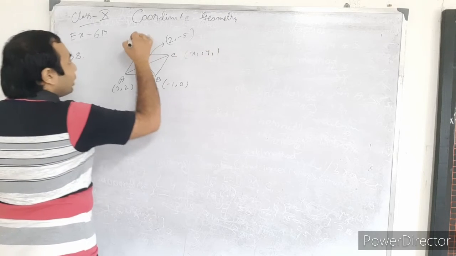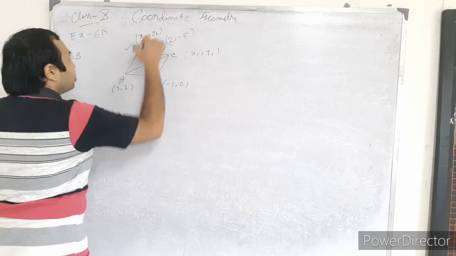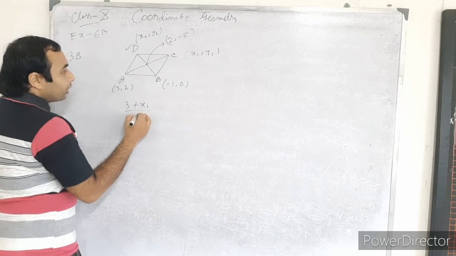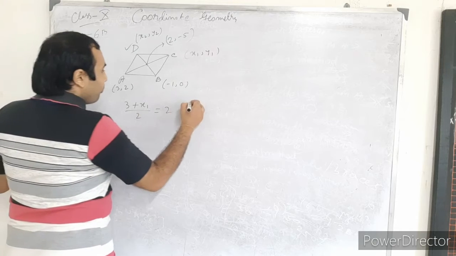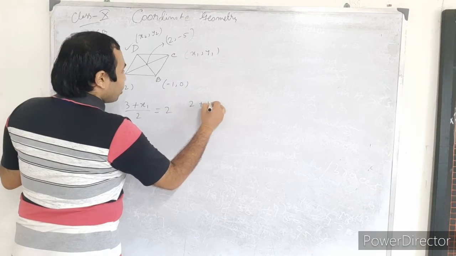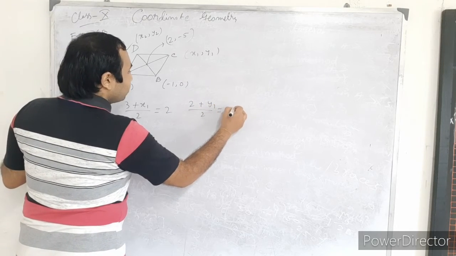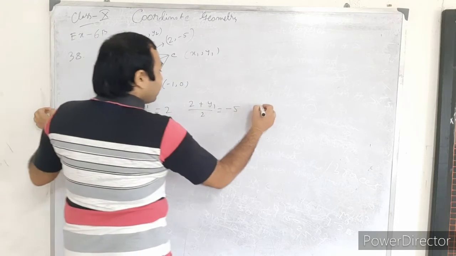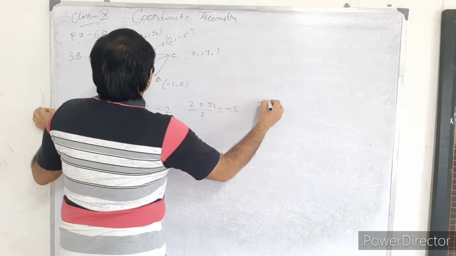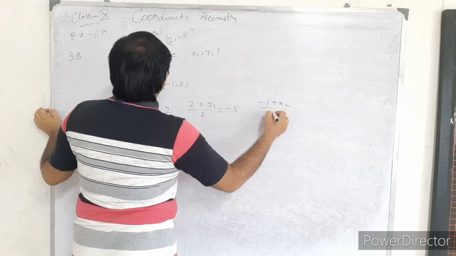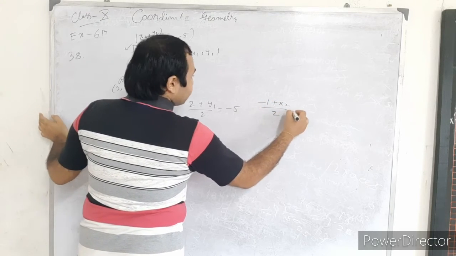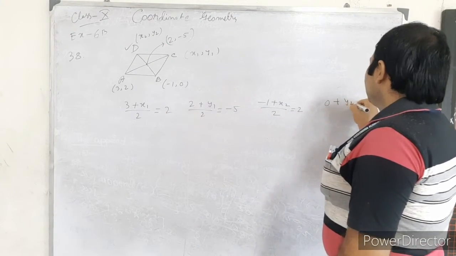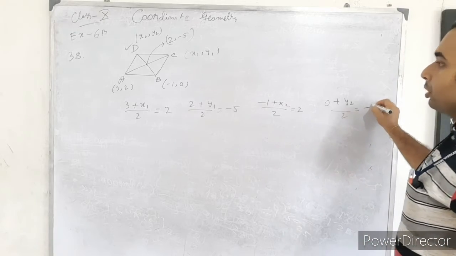Taking this as (x1, y1) and this as (x2, y2), then obviously (3 plus x1) by 2 equals 2 and (2 plus y1) by 2 equals minus 5. Similarly, (-1 plus x2) by 2 equals 2 and (0 plus y2) by 2 equals minus 5.